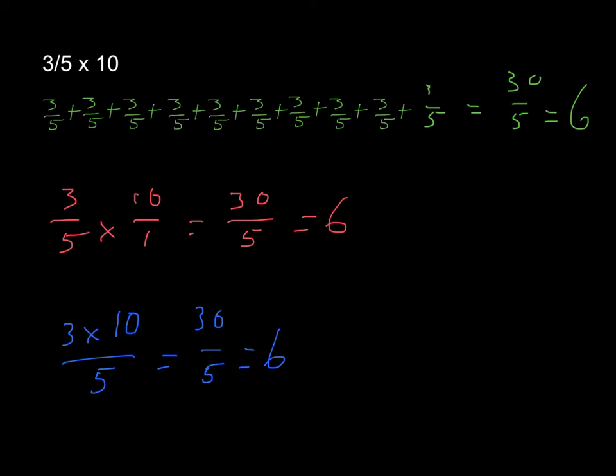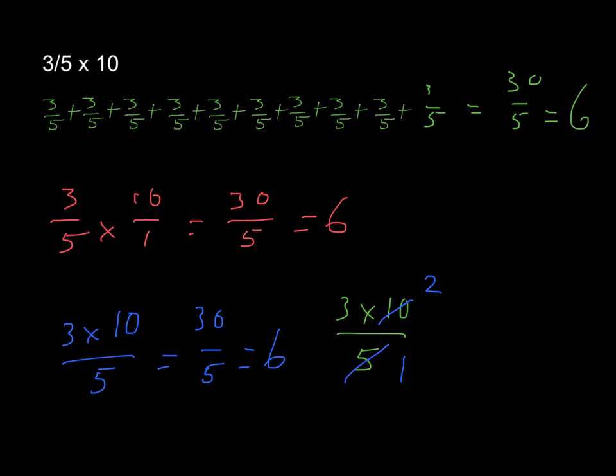Now, if you're familiar with this idea and you want to simplify it a little bit more, you can do 3 times 10 over 5. And we're going to look at that and say, I know I'm already dividing. So instead of doing 3 times 10 divided by 5, I know that 5 goes into 10 twice, and 5 goes into 5 once.